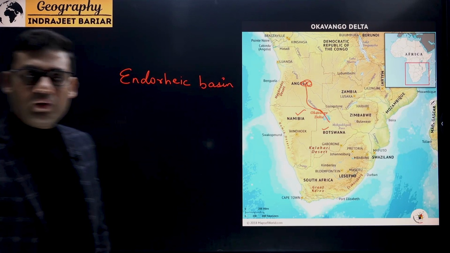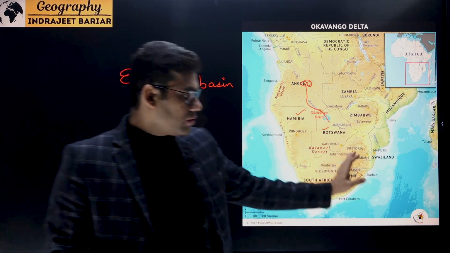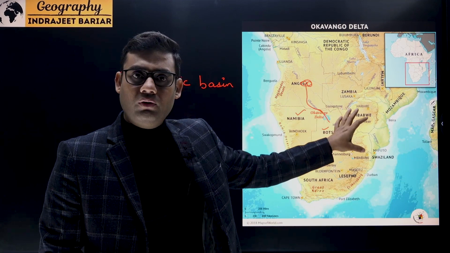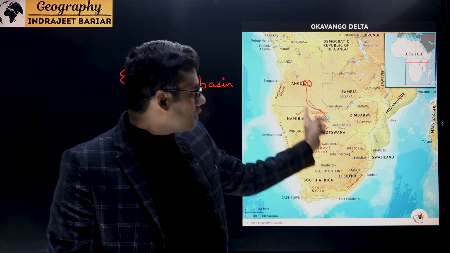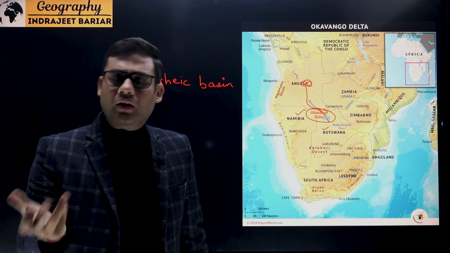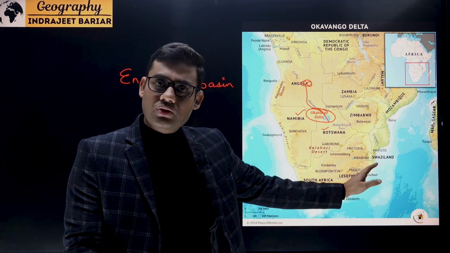Now, Endoric Basin is a basin where the outflow of the river is not into the ocean, but somewhere within the land only. So, in this case, if you see the entry that is given as Okavango Delta. Now, Delta, where do we find Delta? Delta we find generally along the coastal areas.